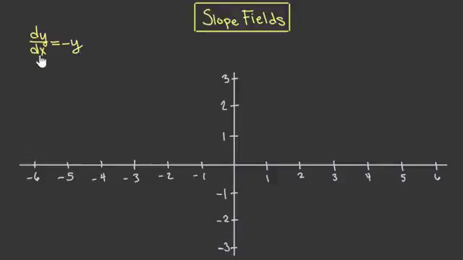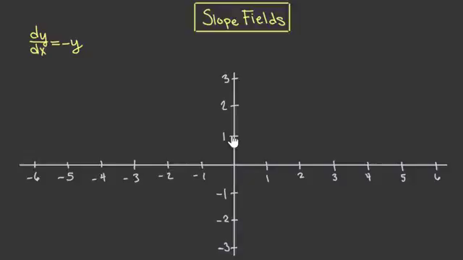What is this differential equation telling us about the geometry of the solution curves? Well, we can think of this differential equation as telling us the slopes of all the tangent lines to every solution curve. For example, consider the point (0, 1). A solution curve through this point has slope -1.